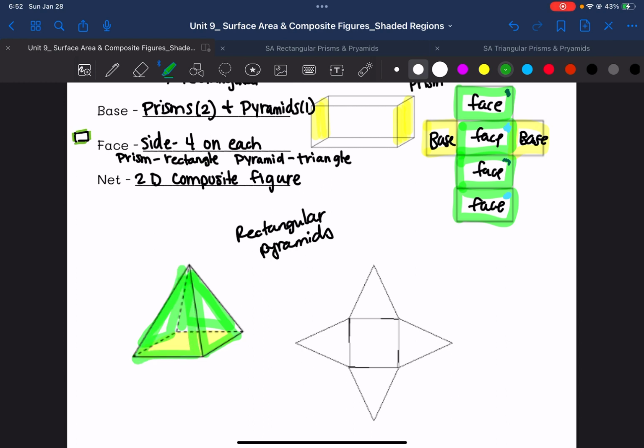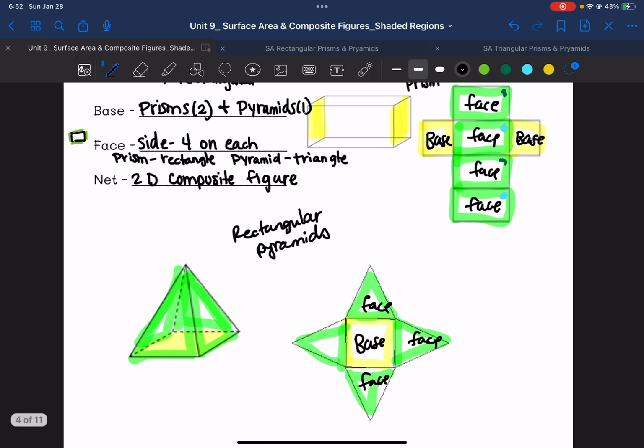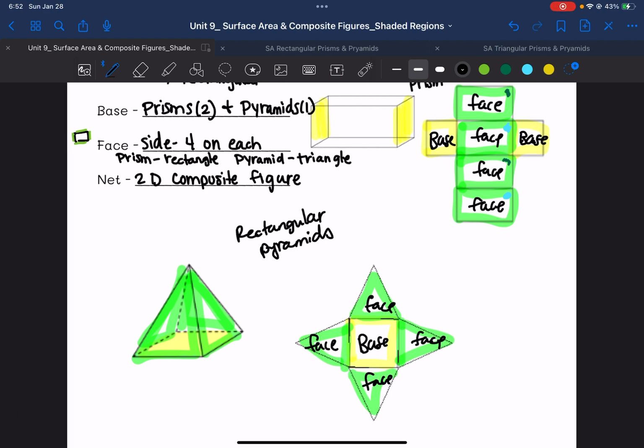Okay, so if we look at it this way, here it is, this is your base, and these are your faces. Ace of base. Okay, so base here, face, face, face, and face, okay?